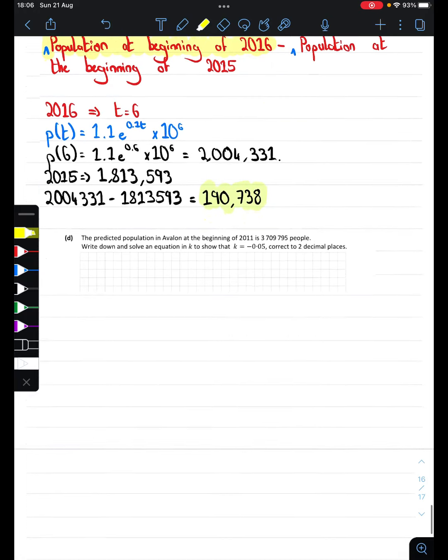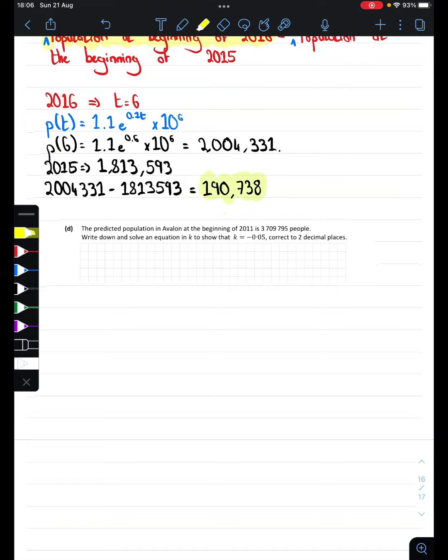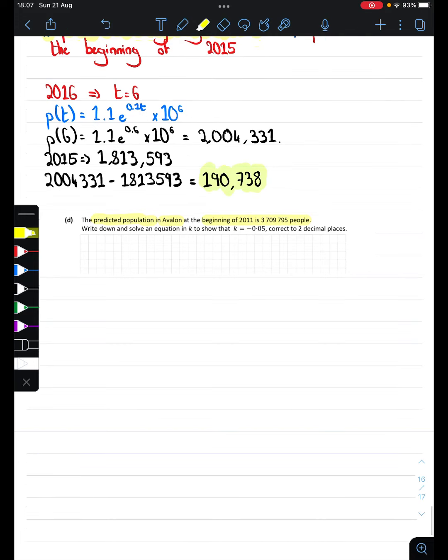Now on to part D. The predicted population in Avalon at the beginning of 2011 is 3,709,795 people. Write down and solve an equation in k to show that k equals minus 0.05, correct to 2 decimal places.